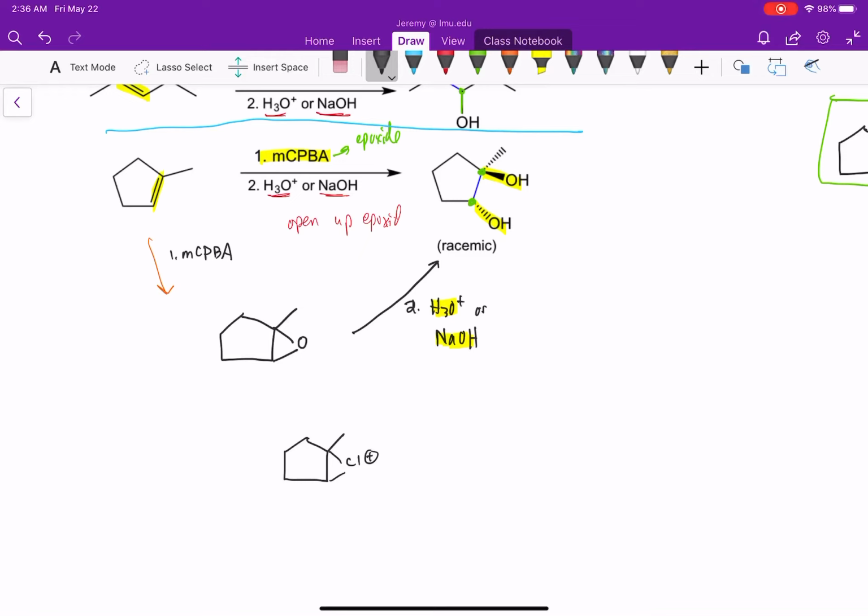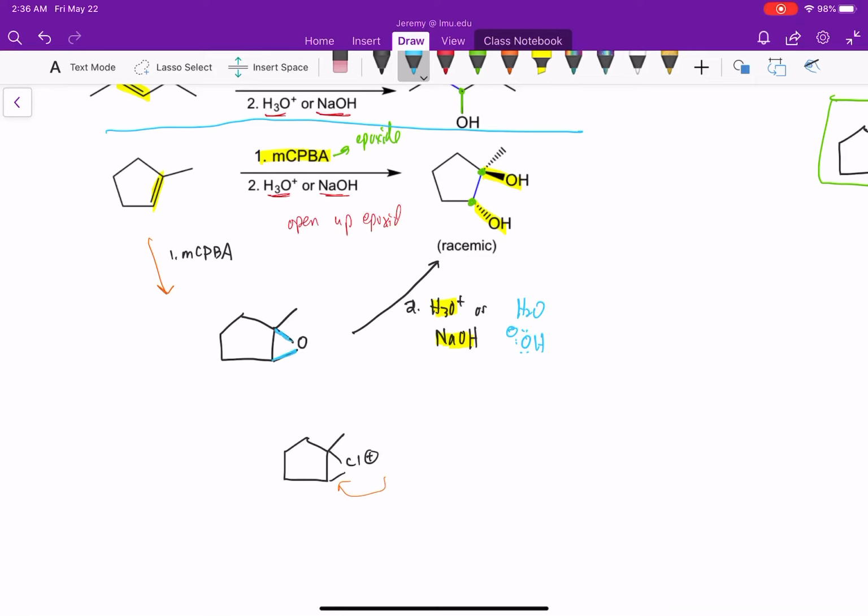remember that the chlorine was blocking one face, so our nucleophile had to come in from the opposite side. That's the same thing here. When we have H3O plus, water will be our nucleophile, or NaOH will be our nucleophile, and these are going to attack from the opposite side of where that O is.